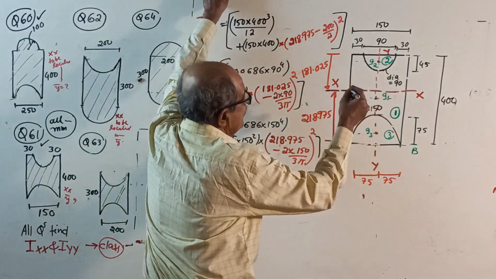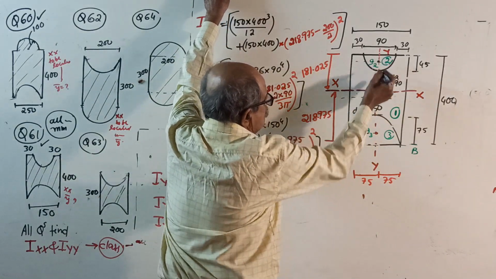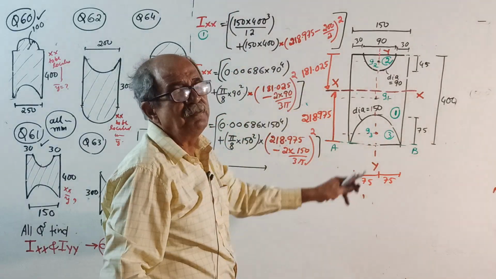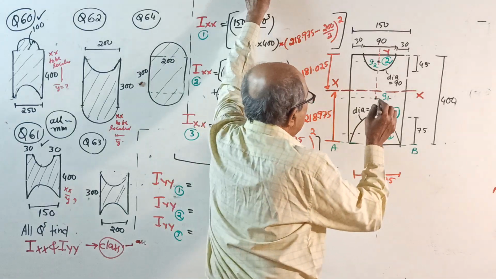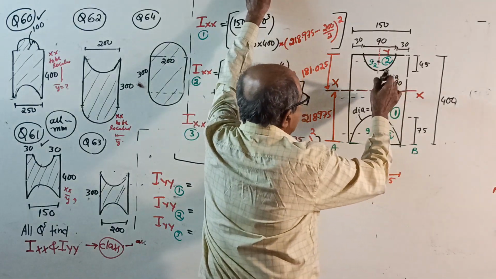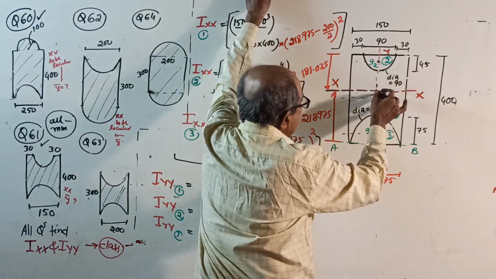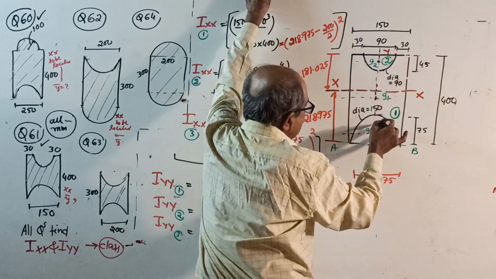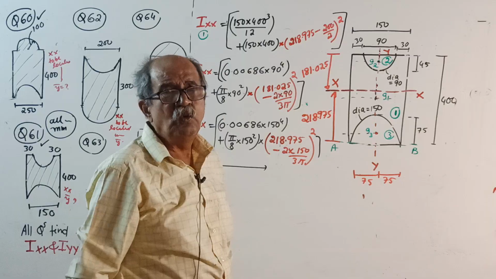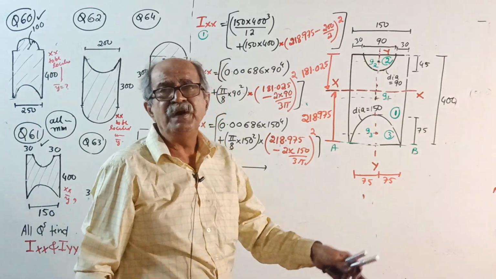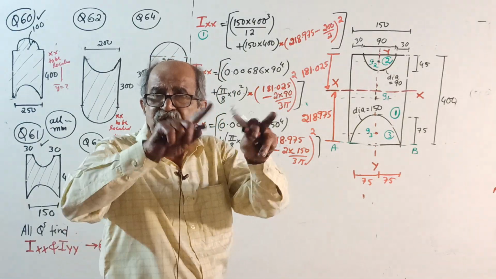Rectangle. Now once again, G1, G2, G3 all lie on YY, so when you find Ig about its own centroidal axis, all three coincide with YY. So everywhere it is Ig plus area into 0 square.